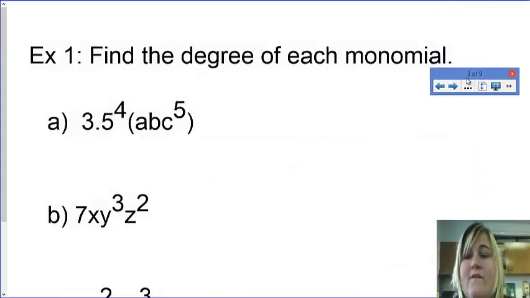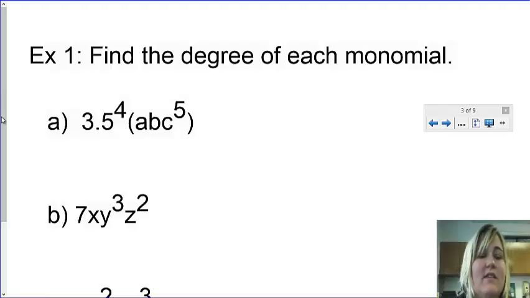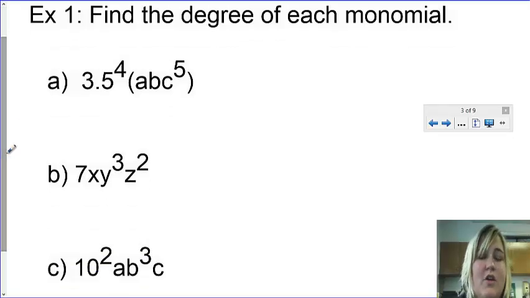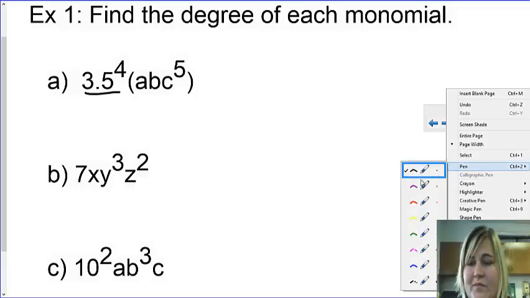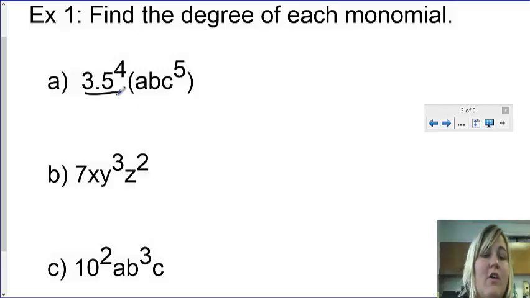So, for example, it wants us to find the degree of each monomial. So, I have a coefficient, variable, variable, variable. Exponent here, exponent here.